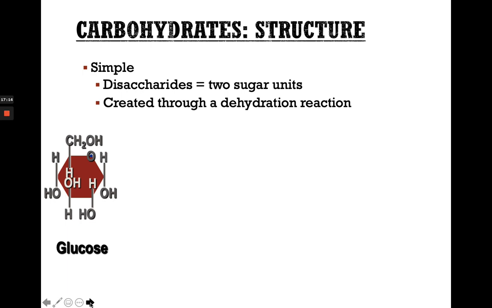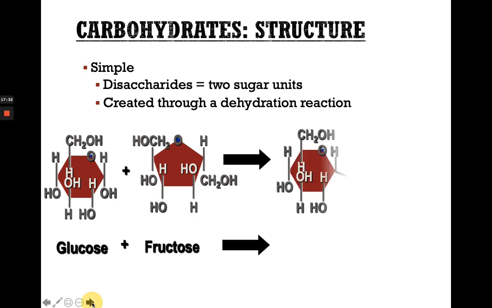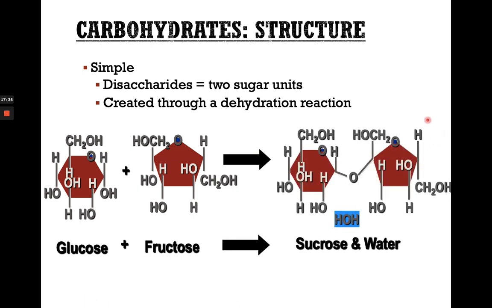We would take glucose, and we would add on a fructose molecule. And again, we could do a dehydration. We can take an OH off of one of the structures, and a hydrogen off the other. We can make a water molecule, and then the oxygen that's left over will come right over and bond in, and you can make this molecule here, which is table sugar.